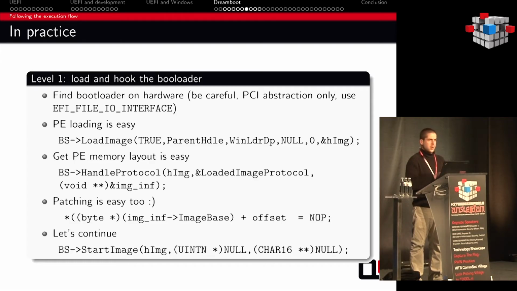The first thing to do is to locate the bootloader on disk. It's quite easy. That's what we have seen before with the file I/O protocol. Next, we need to load the binary in memory. It's quite easy with UEFI.